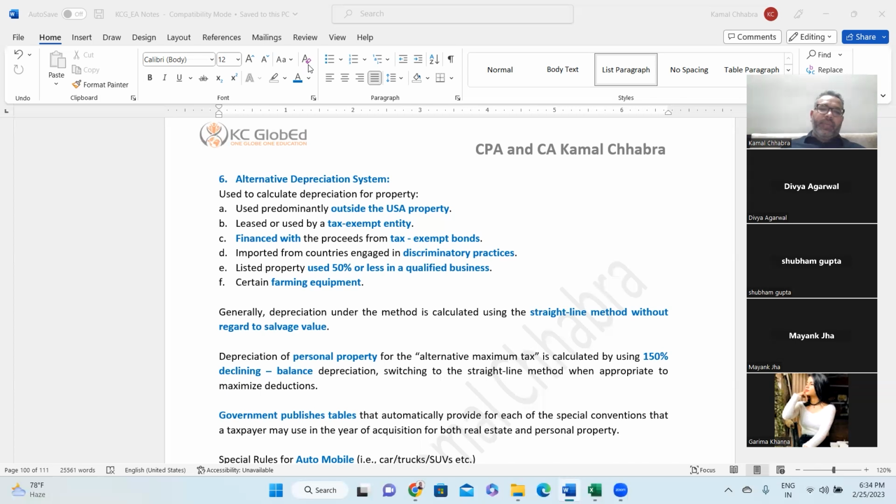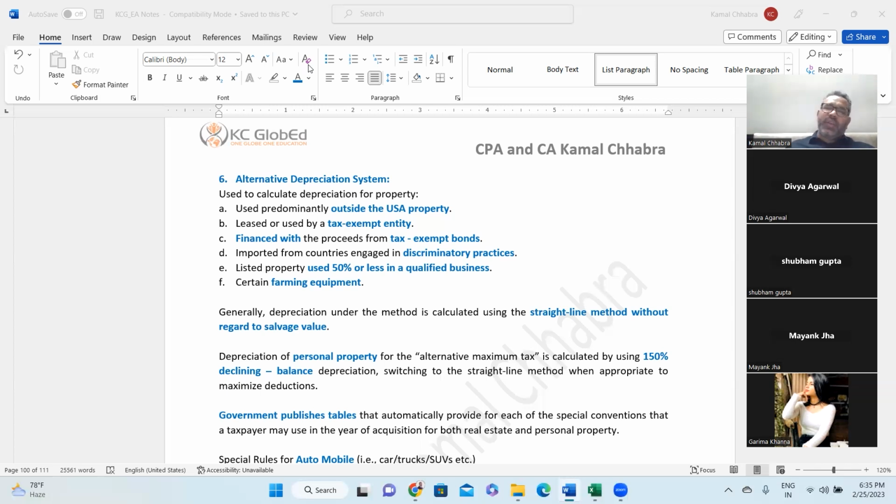Next is listed property used 50% or less in a qualified business. For example, if you consider the MACRS depreciation method, but those assets are being used for less than 50% for the business purpose. For example, you purchase a car for office purpose usage, but actually you are using it both for personal purpose and office purpose, and you are using it for personal purpose more than 50%.